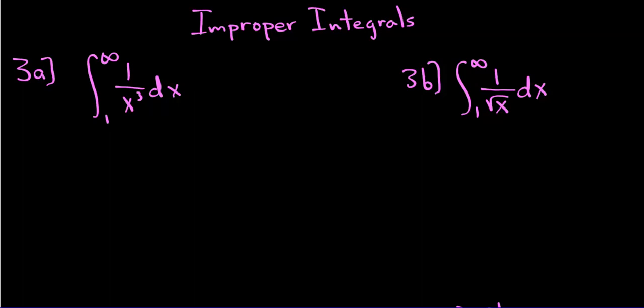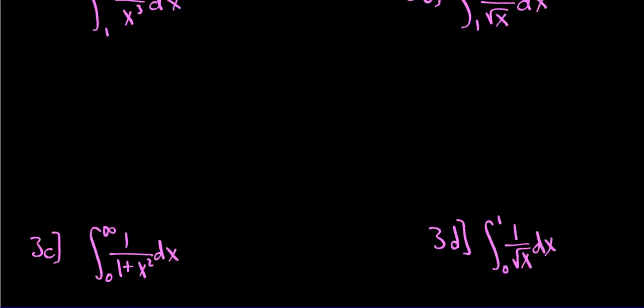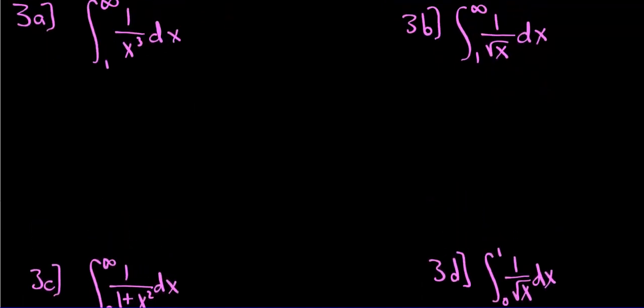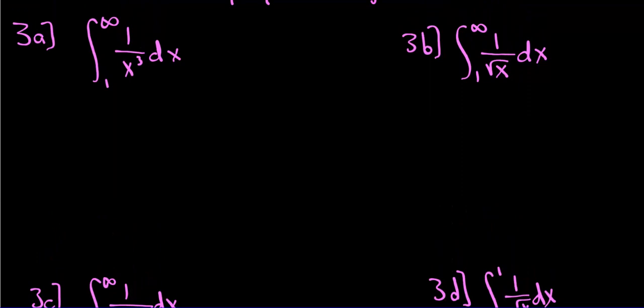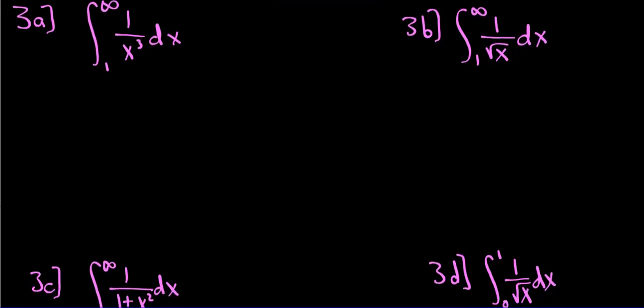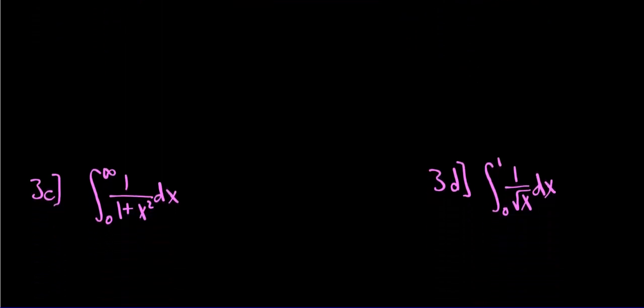Now let's look at some improper integrals. Now remember, when we talk about improper integrals, we have the case where infinity is in the limit of integration, like in 3a and 3b here, 3c down here. And then we have another type of improper integral where inside the bounds of integration, the limits of integration, there's an infinite discontinuity.